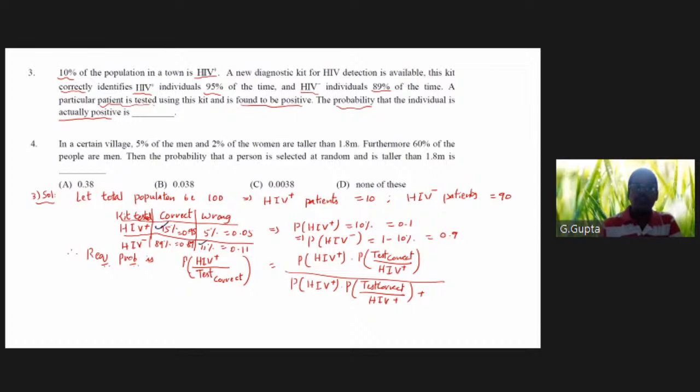HIV negative wrong means opposite language. This is positive, tested found to be positive. So this is probability of HIV negative into probability of test wrong.